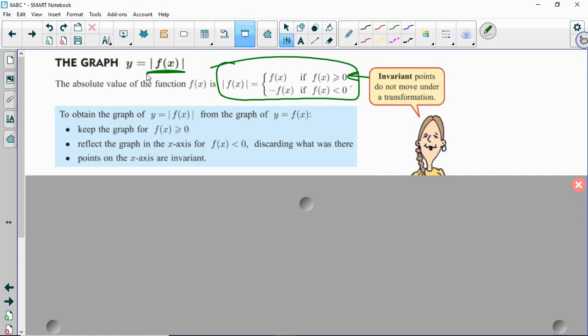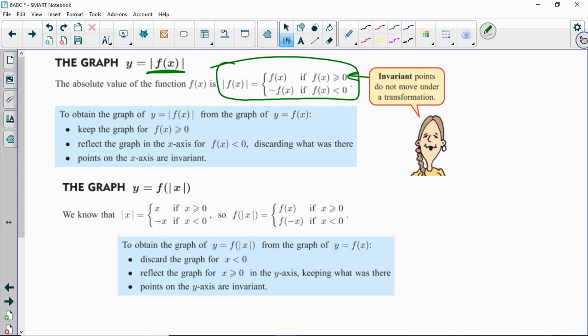We can also now consider, rather than taking the absolute value of f of x, we can consider f of the absolute value of x. Again, using the algebraic definitions, that is equal to f of x whenever x is greater than or equal to 0, f of negative x whenever x is less than 0.